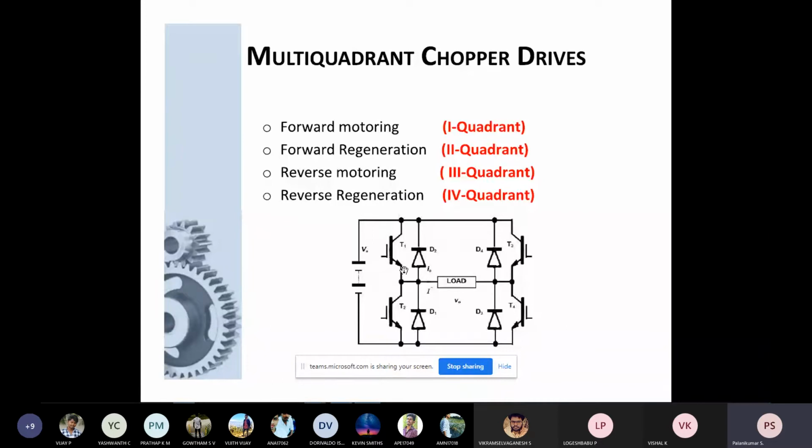Regeneration means I can feed back to the source. If I assume this as a battery, then instead of wasting the power in the motor during braking operation, it can be fed back to the source. If it is an ordinary DC supply with only terminals, it cannot be.